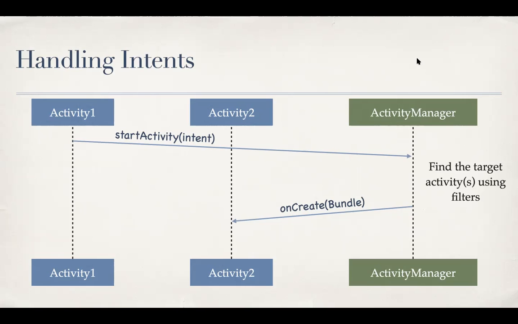Okay. If there are more than one of those, it gives you a pop-up to select activity2 or, say, activity2 prime, all the candidates for that, and then the user selects it and you go from there, right? So that's the main idea here.